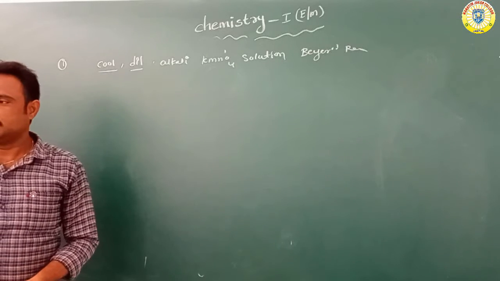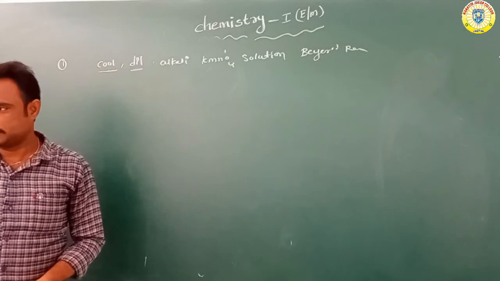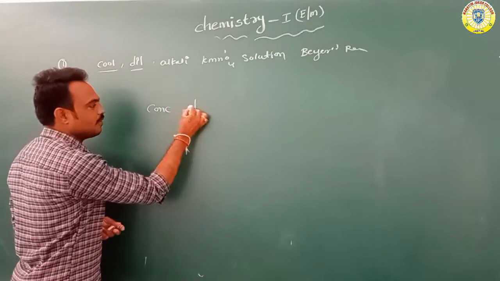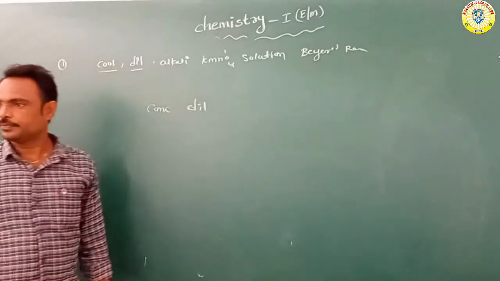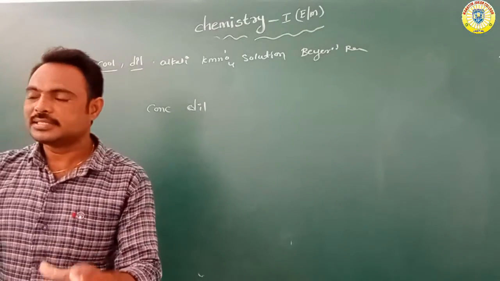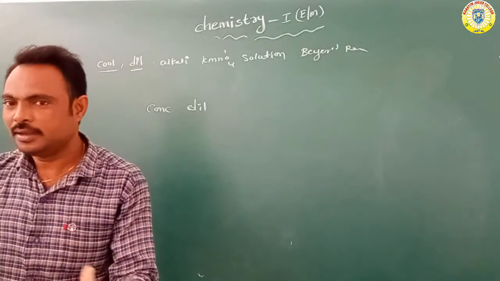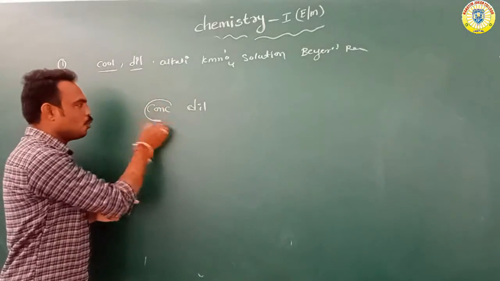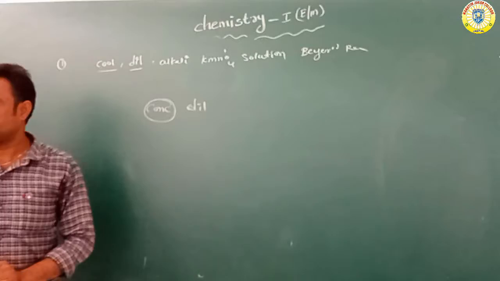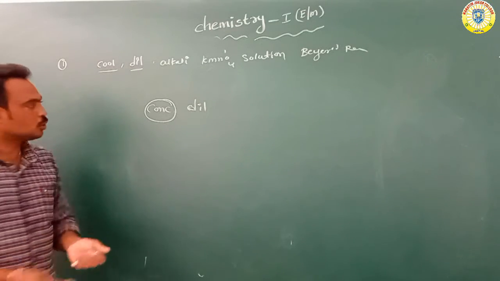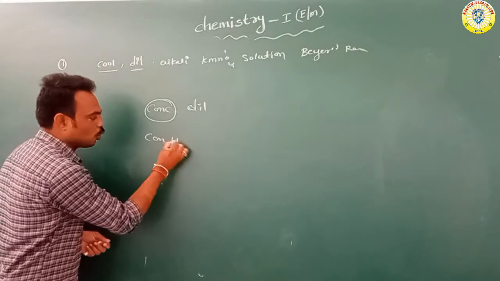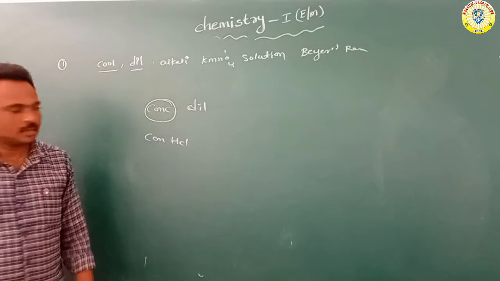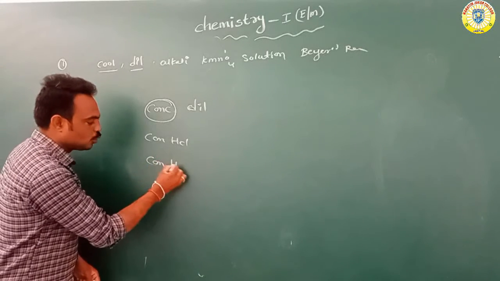Compounds are classified into two types: one is concentrated and the second is dilute. A concentrated compound is very dangerous, for example concentrated hydrochloric acid or concentrated H2SO4.